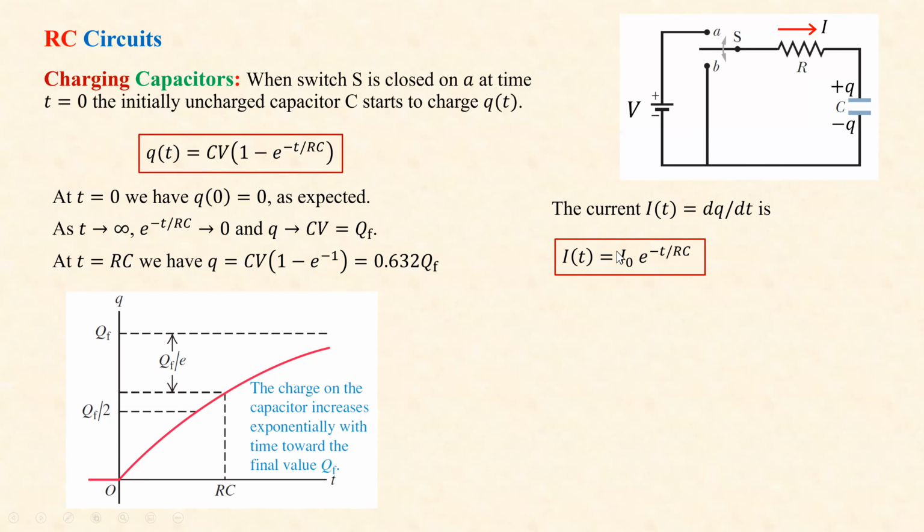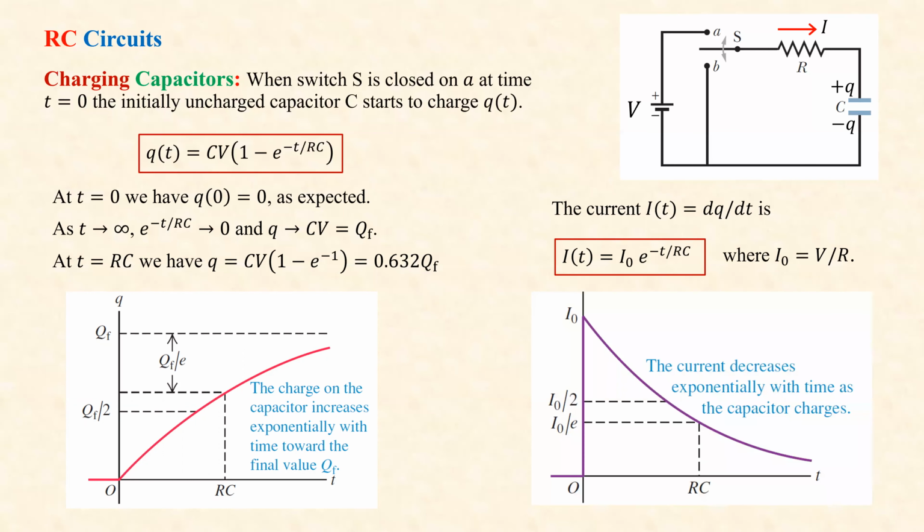V over R is the initial current when the capacitor was uncharged. We had only this V and this R, so the initial current will be V over R. We call it I naught. And then the rest of it becomes e to the negative T over RC. So the current starts from I naught and goes exponentially to 0.